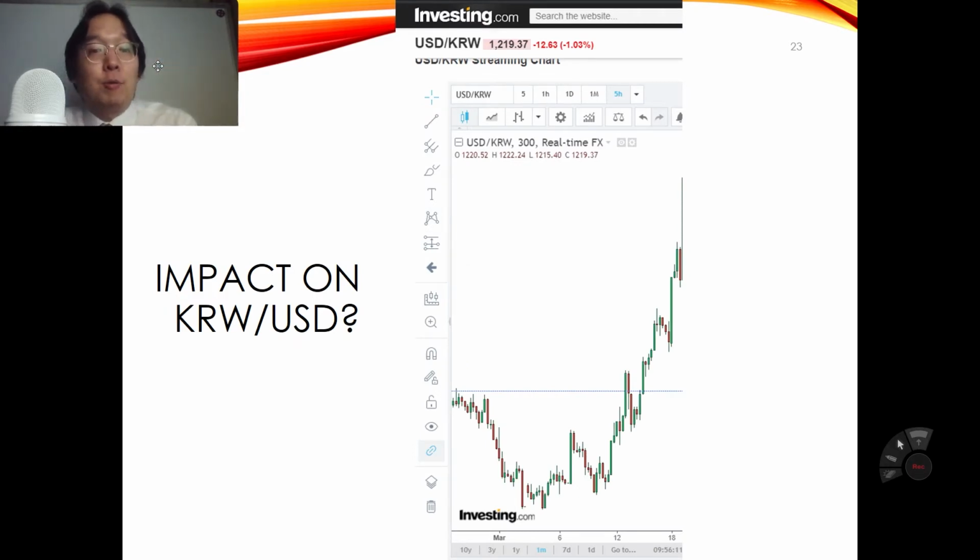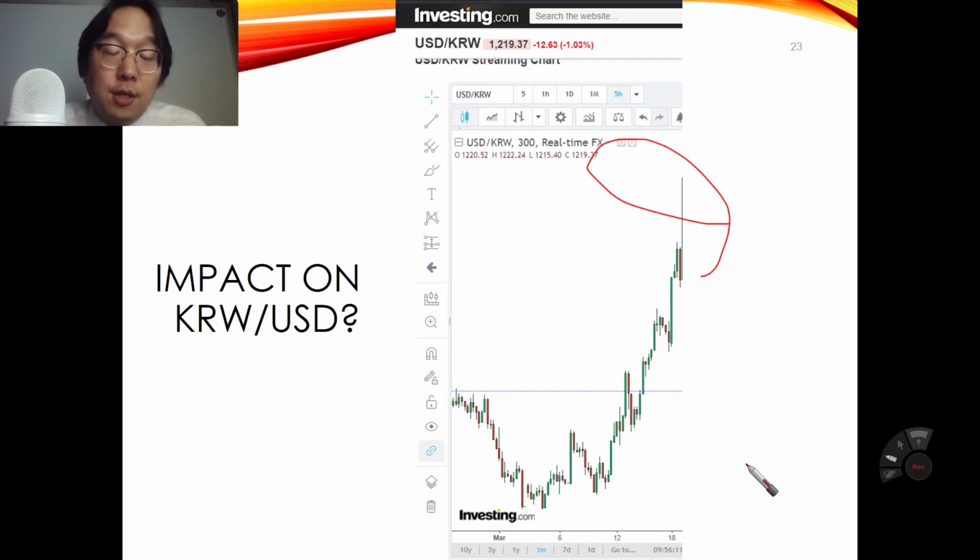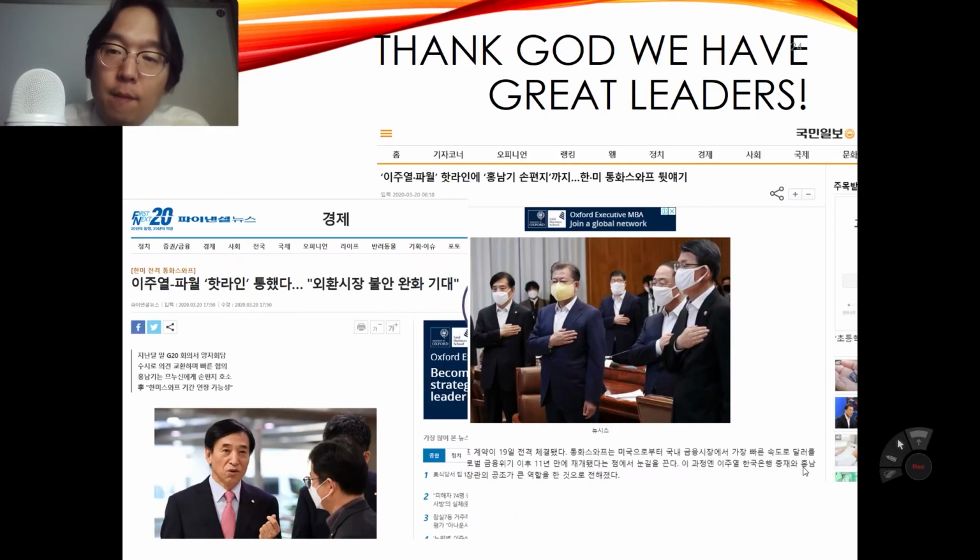Impact on the Korean won to US dollar rate, the FX rate, as you see over here in this chart, at one point in our observation period the US dollar price was shooting up like crazy, 1,300 won per dollar. And then the next day, what happens?